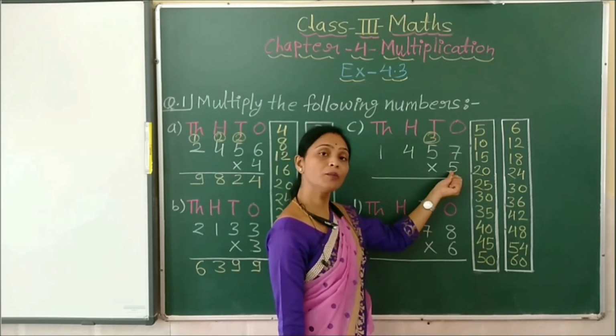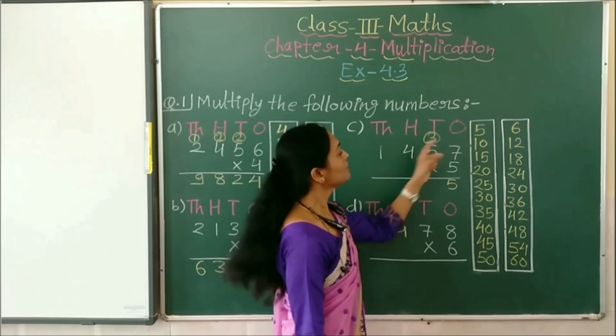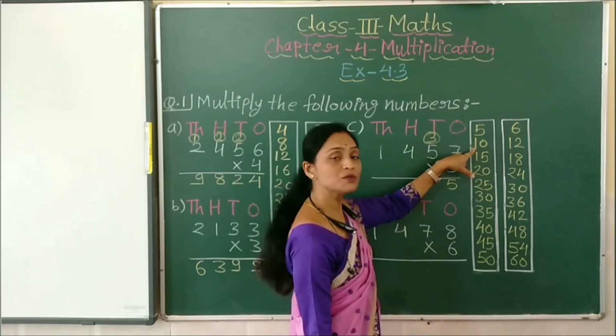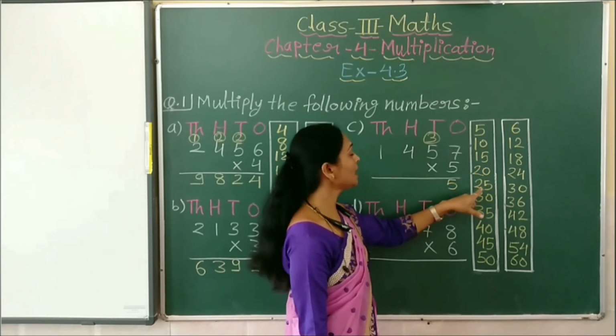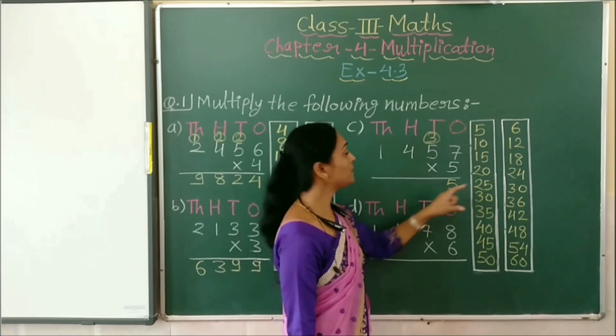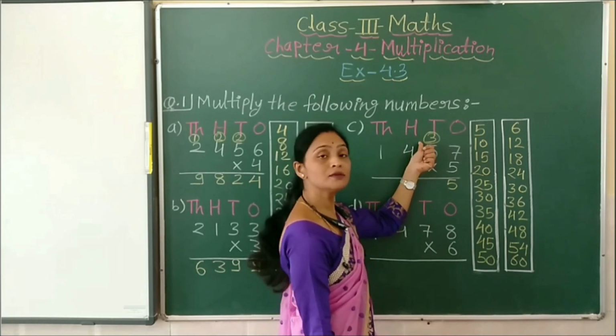Now 5's table how many times? 5 times. 5 ones are 5, 5 twos are 10, 5 threes are 15, 5 fours are 20 and 5 fives are 25. Then we have to add this 3 in 25.